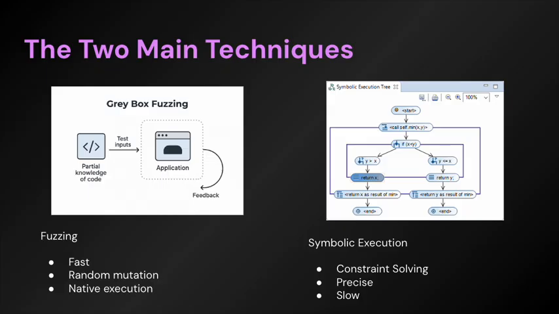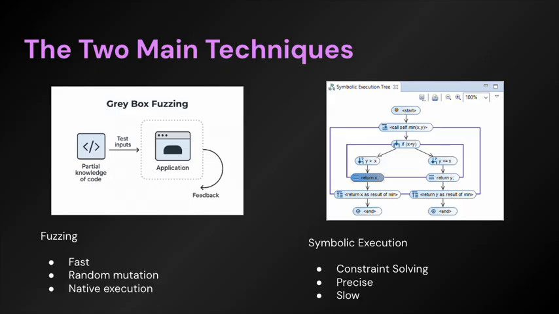Now let's look at symbolic execution. Symbolic execution treats inputs as symbolic variables instead of concrete values. Instead of trying random inputs, it mathematically analyzes the program and determines what inputs are required to reach certain paths. This allows symbolic execution to solve complex conditions, but it also has a major drawback.